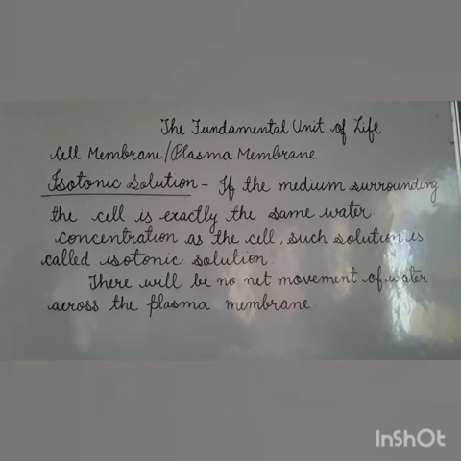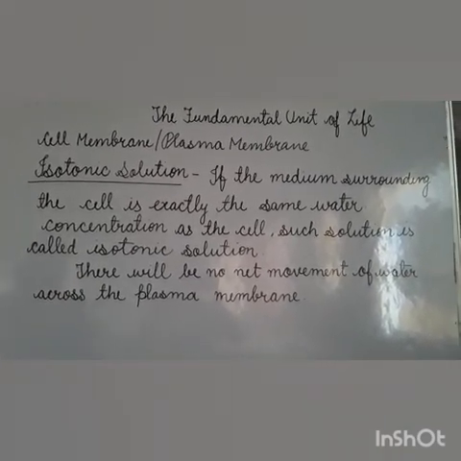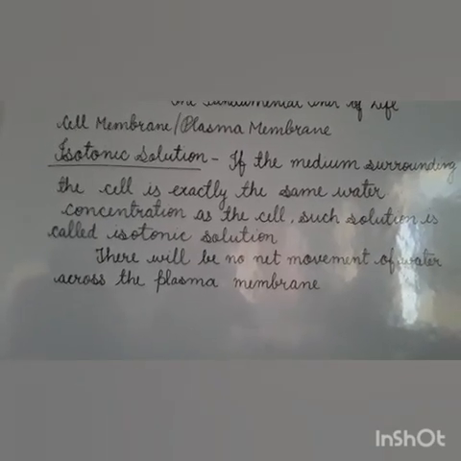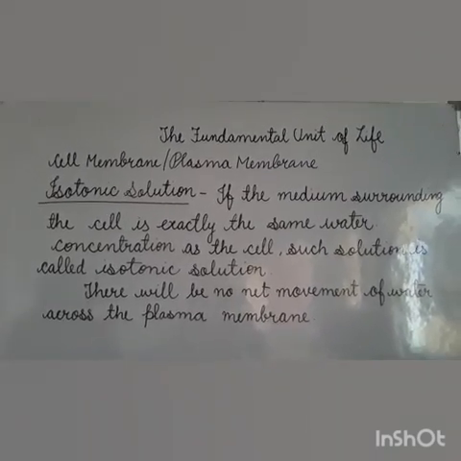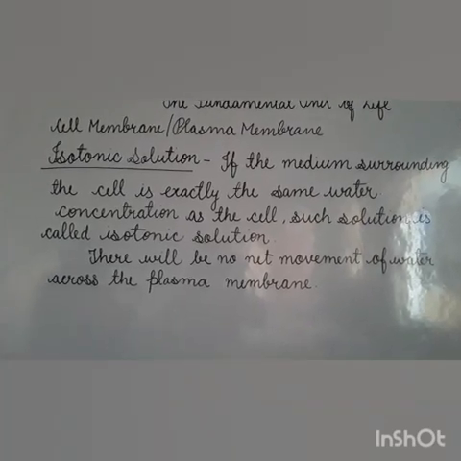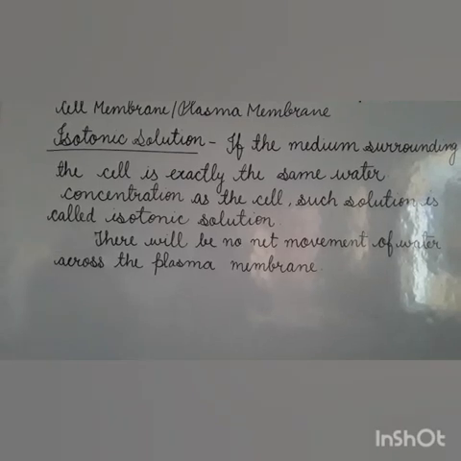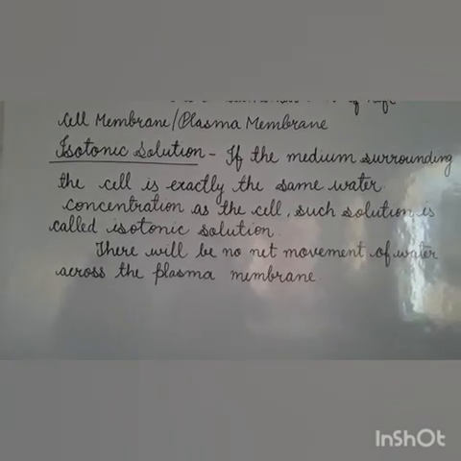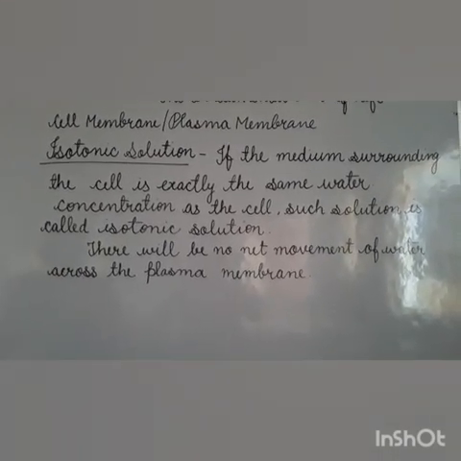Again I am telling, if we have kept an animal cell in a solution that also has the same water concentration as inside the cell, both inside the cell and the medium have the same water concentration. This type of solution is called isotonic solution.